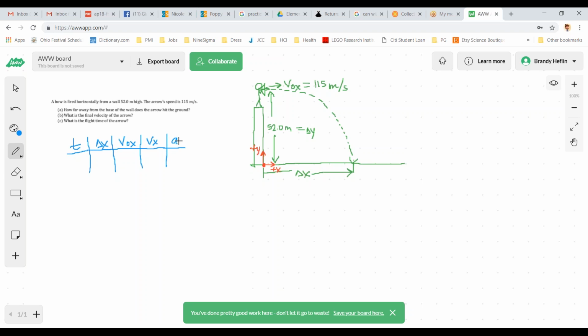And then ax is the horizontal acceleration. We can actually go ahead and start filling that in before I show you the twist on how to make this work for 2 dimensions. So we know part A asked how far away from the base of the wall does it hit the ground. So I'm going to put, actually, I'm going to make that red because that's more fun.